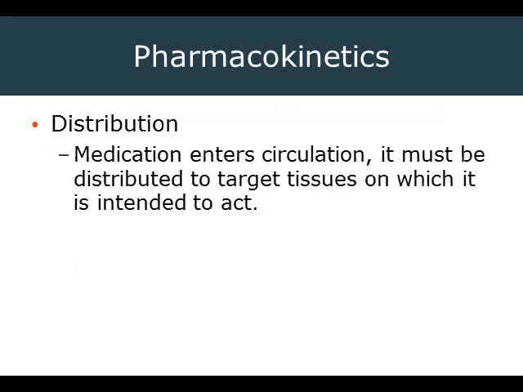Distribution: the medication enters the circulation, it has to get sent to the target tissue. Most of the time we don't give the drug directly where we need it to work. So say glucagon. Glucagon has to be distributed down to the liver. Well, we're not going to stick it in their liver. Glucagon needs to make its way to the liver, and that's where it will start to pull the glycogen stores.